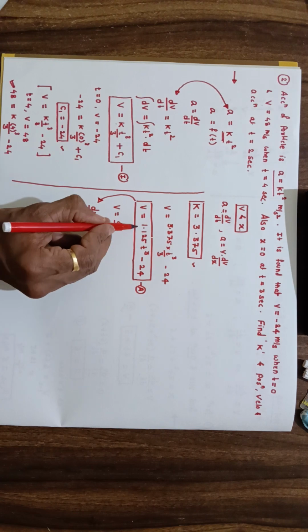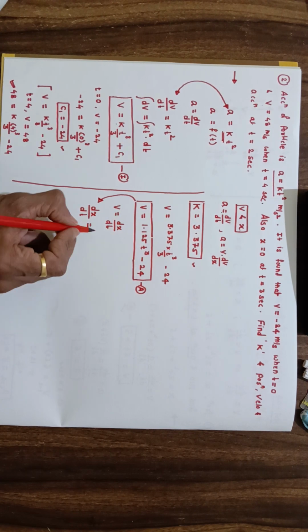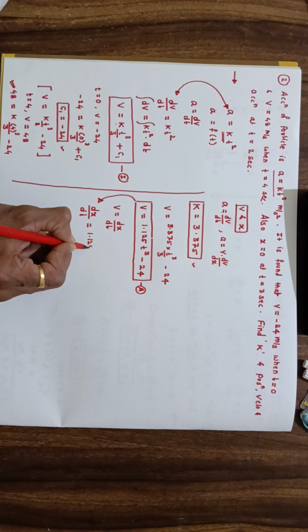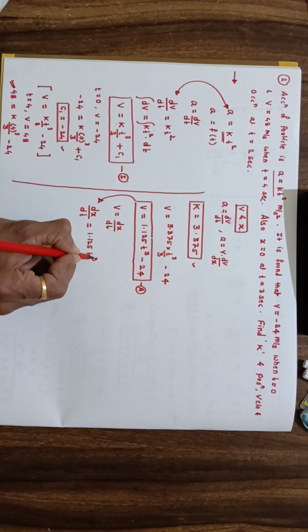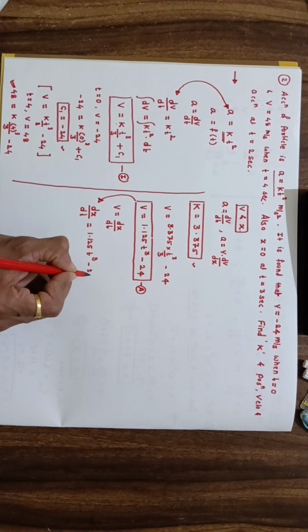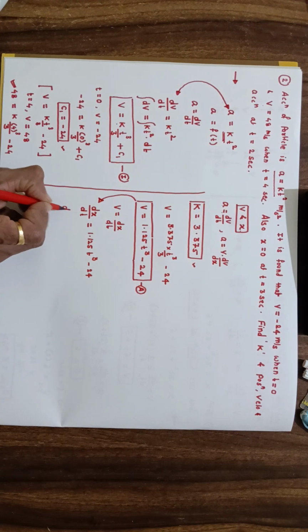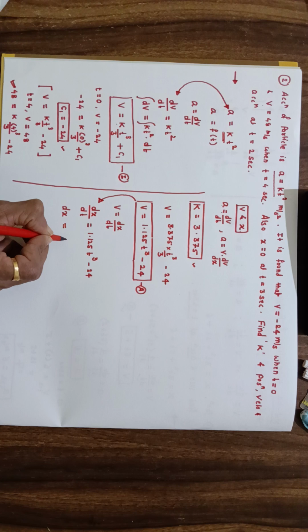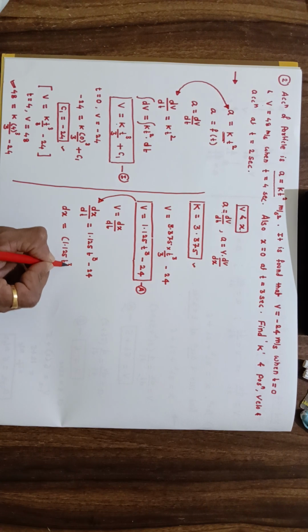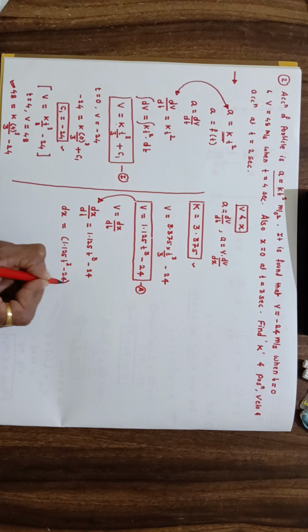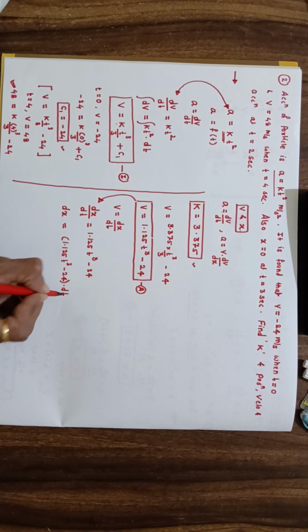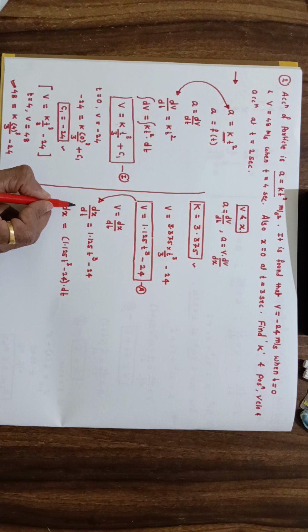This is equal to, write this as it is, so it is 1.125 t cube minus 24. Take the dt on the right side. So dx is equal to 1.125 t cube minus 24 into dt. Now integrate both the sides.